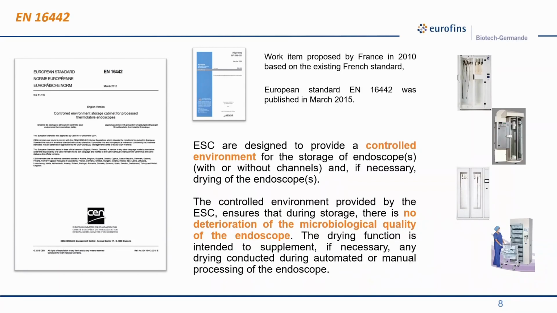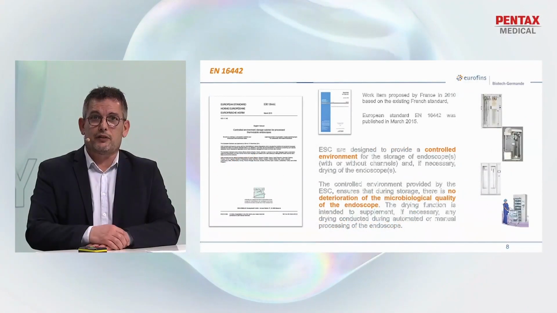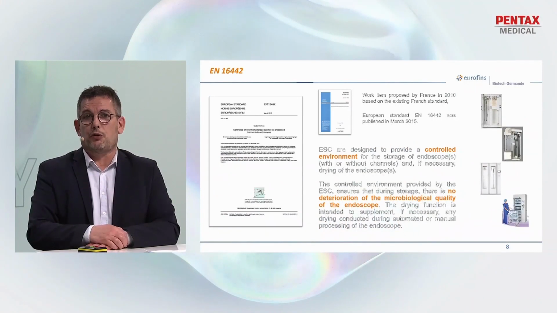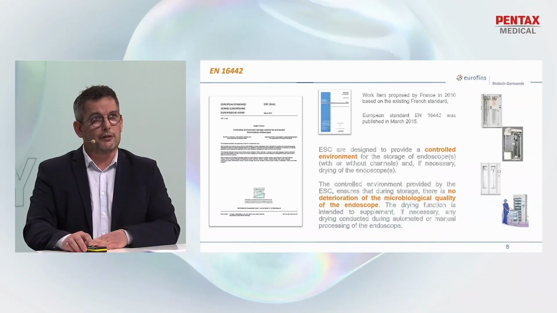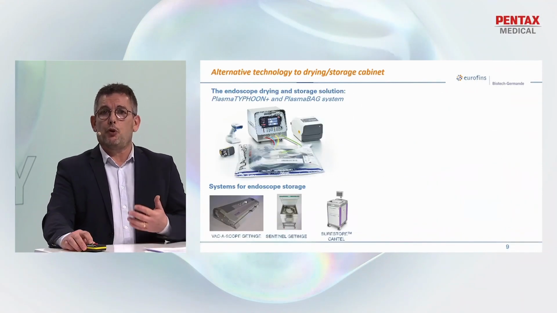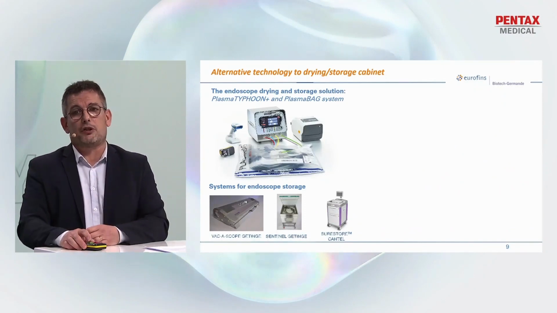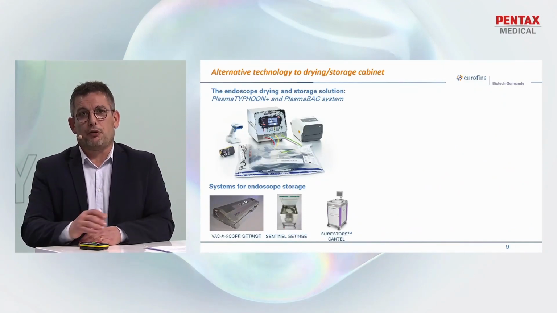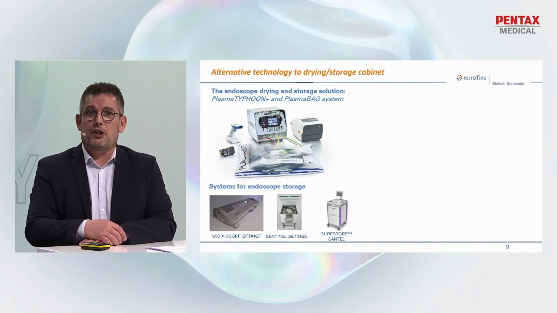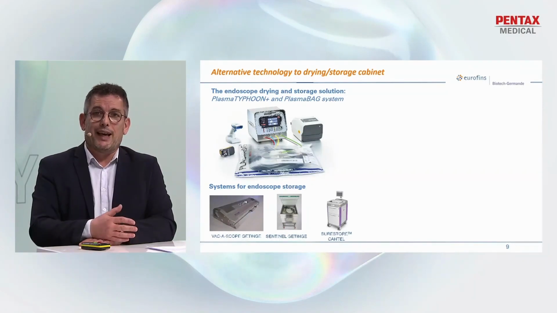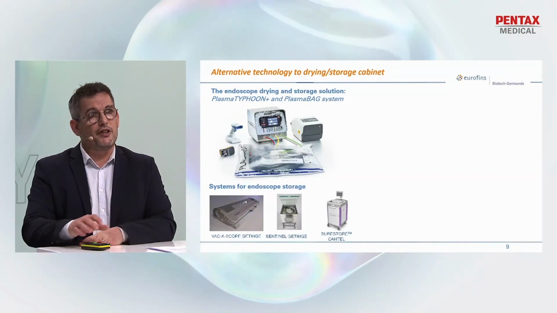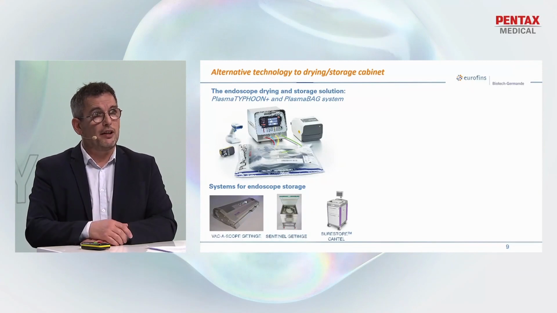Today, we have a lot of different systems existing on the market, a lot of different endoscope storage cabinets available. But we also have a few other systems, slightly different. Some experts call them portable systems, which are designed to store and or dry the endoscope. And the plasma Typhoon is one of them.